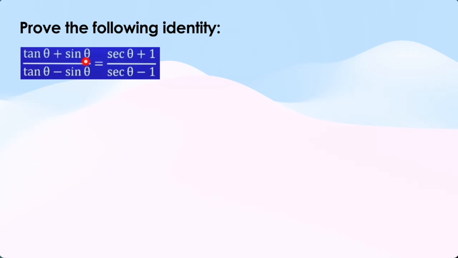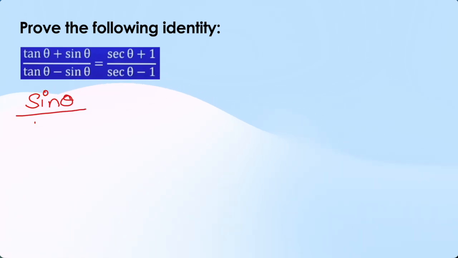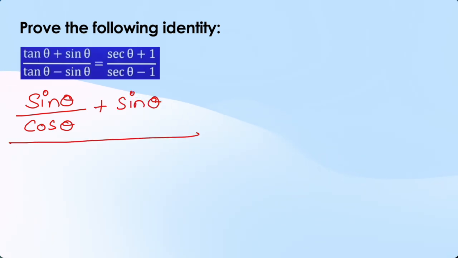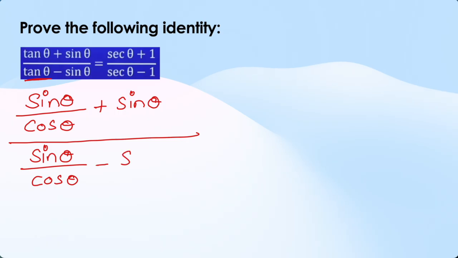Tan and sine is given, and we have to convert it in the form of sec. Sec means related to cos, means we should open this tan first. All right, okay, let's try to open this tan. Tan can be written as sine theta by cos theta plus sine theta, and tan theta again sine theta by cos theta minus sine theta.